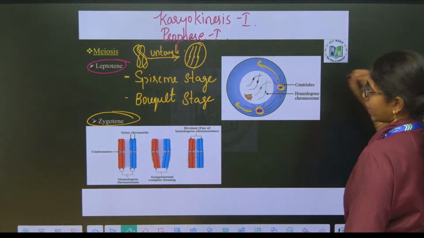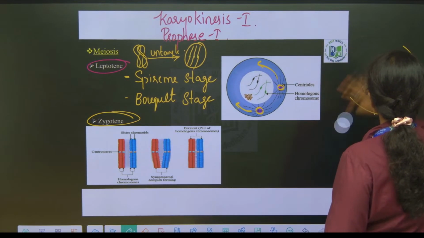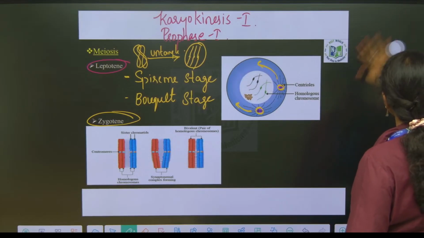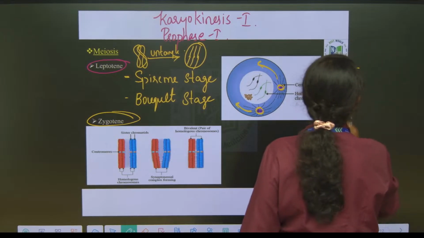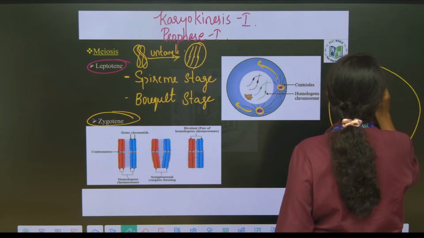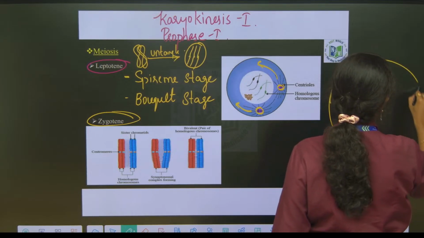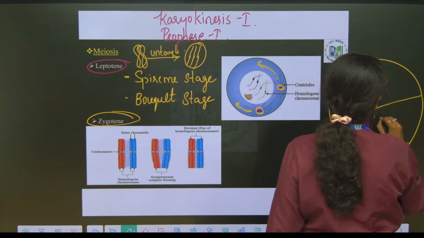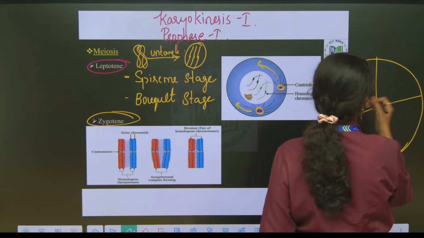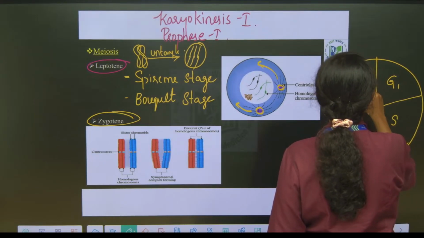For example, first in the G1 phase, in meiosis, let us observe, meiosis happens in the germ cells, right? So, here I will give you the basic framework. In the interphase we have G1, S and G2 phases, and here the M phase.